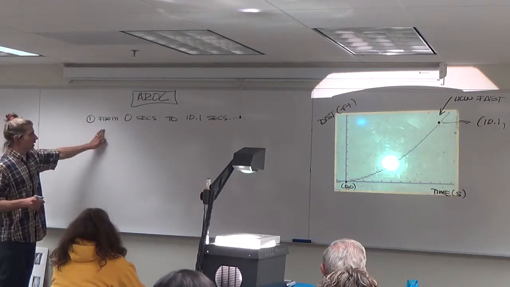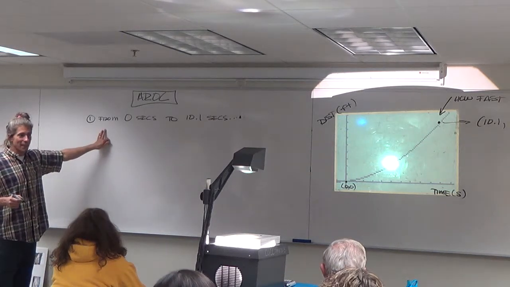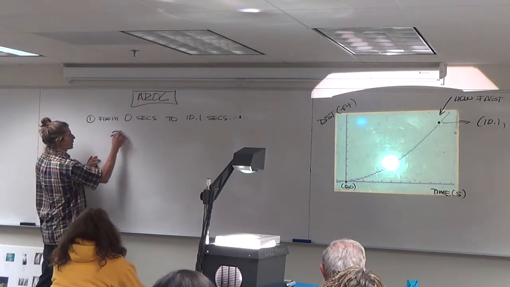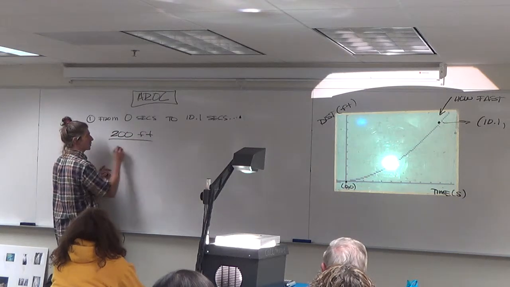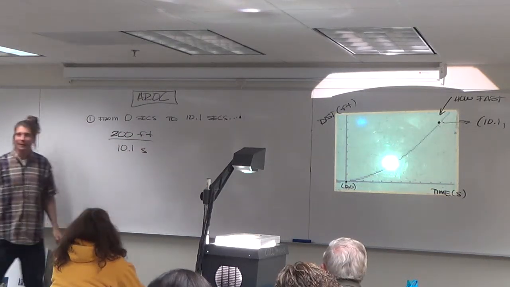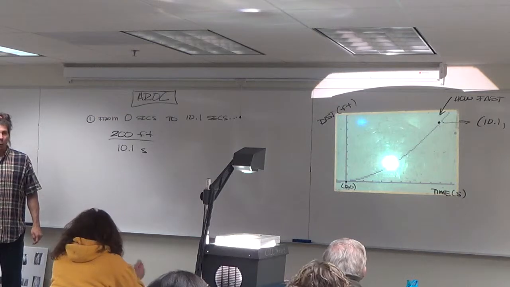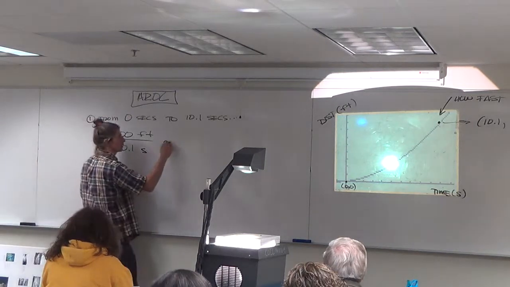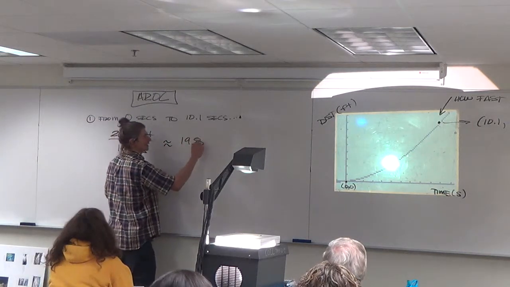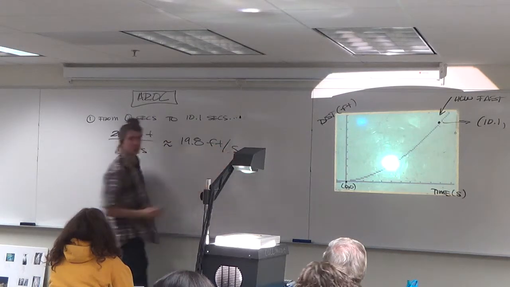So the average rate of change from 0 to 10.1 seconds is actually fairly straightforward. It's 200 feet, and it took me 10.1 seconds to do it, which ended up being what in feet per second, friends? 19.8. You guys are awesome. 19.8 feet per second.